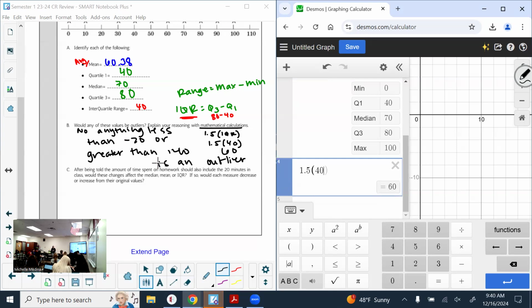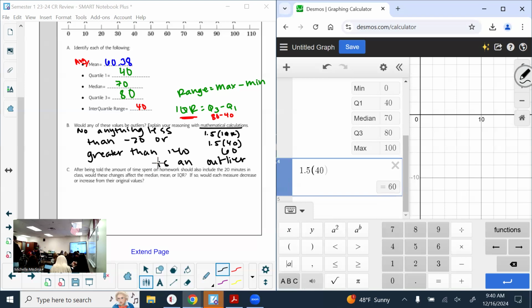And that's the 1.5 times the IQR rule. All right. But we guessed it right just by looking at it. So, I mean, give it a guess if you don't remember that formula later.